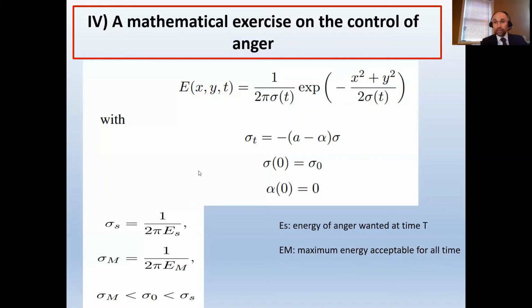So I want ES to be smaller than E0, and EM is greater than E0. And since I have an inverse, this gives this relationship for sigma, right?